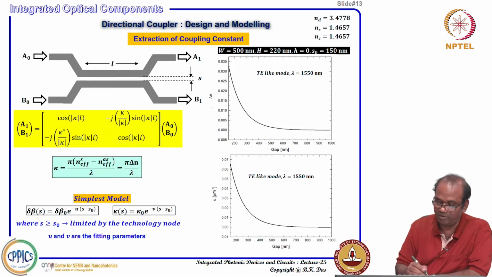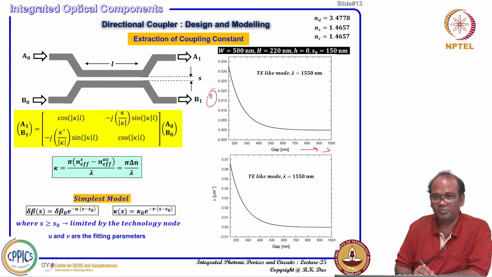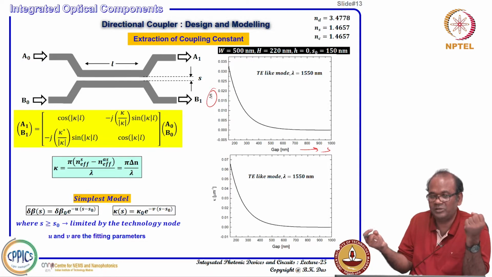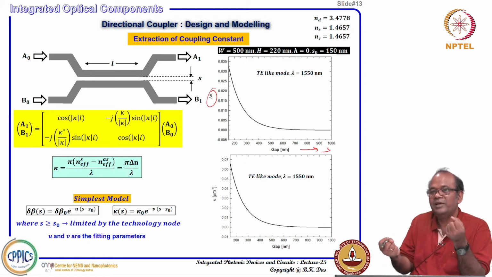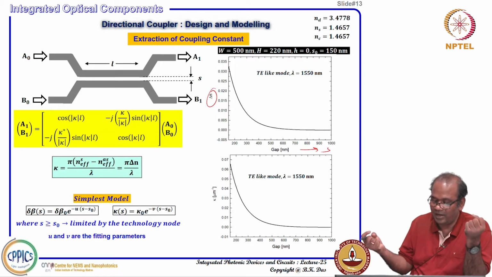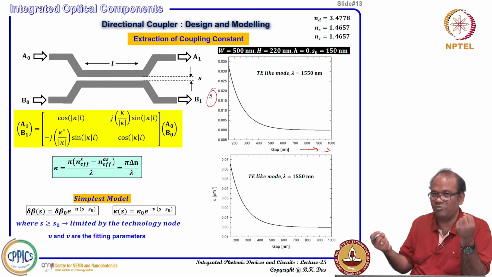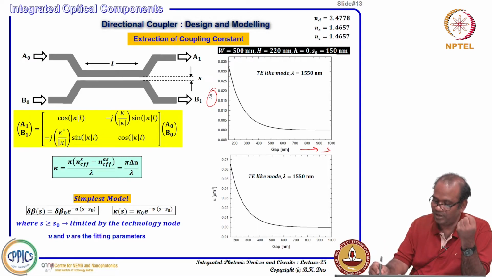As I predicted earlier, if you change the gap S, increase the gap, the delta n value will drop, because the symmetric and antisymmetric modes will slowly lose their coupled, superposition nature, as if they are independent identities. Their separation, delta n, will go almost to 0, as they propagate with the same phase velocity when S is very large.